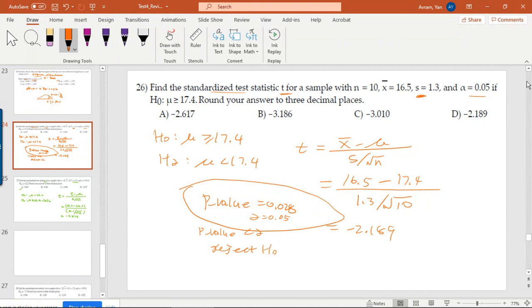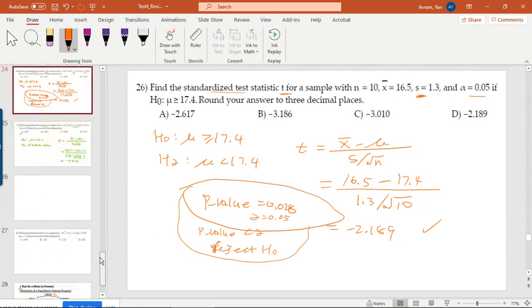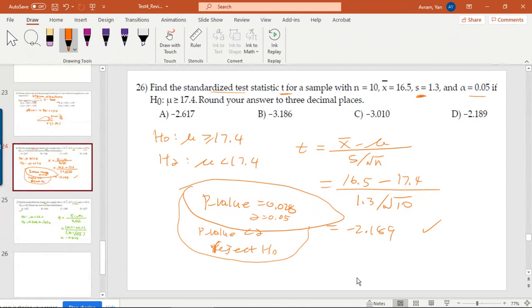Okay, of course, if you only need to answer this question, you don't need a p value. You don't have to go this far, you just need a t value. But I'm giving you more information just in case other questions will need it. Okay. All right. So that will conclude all of chapter 7.